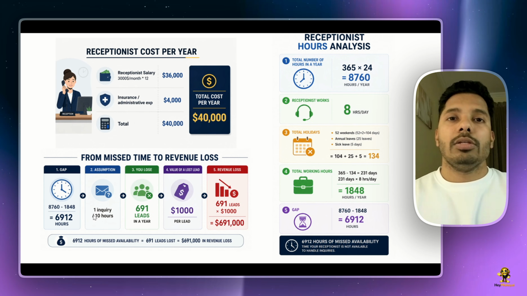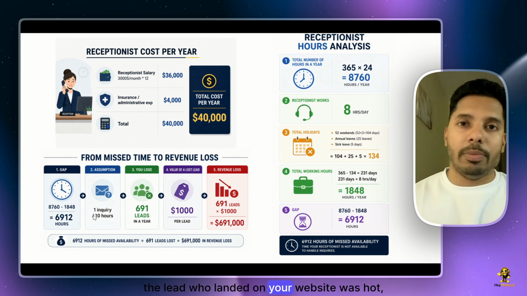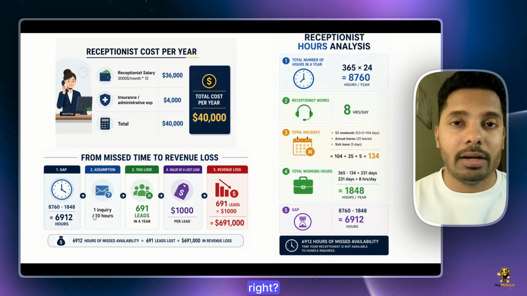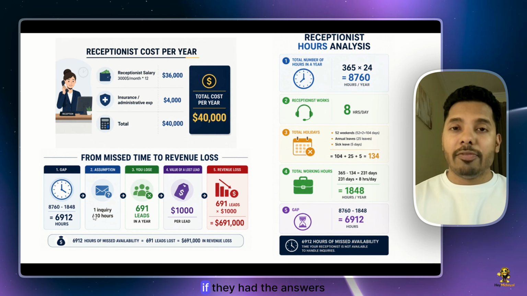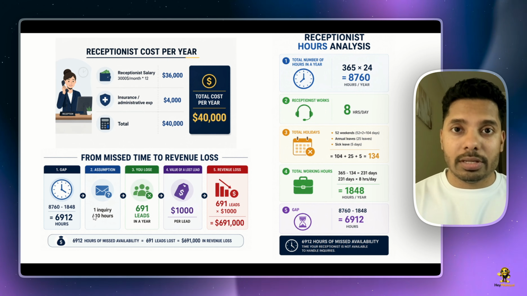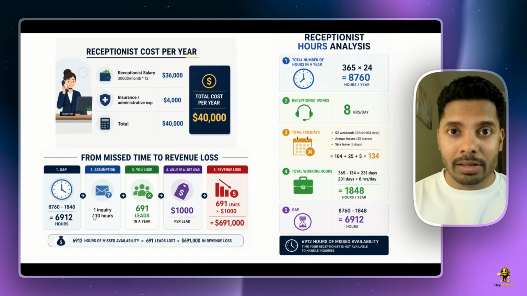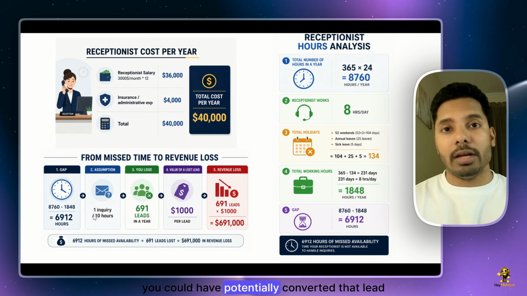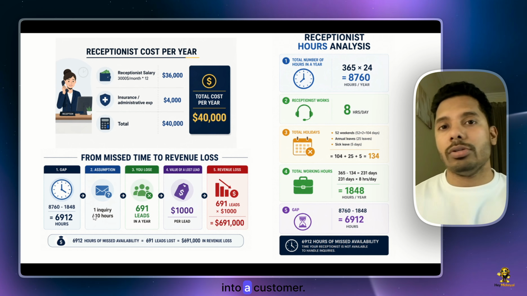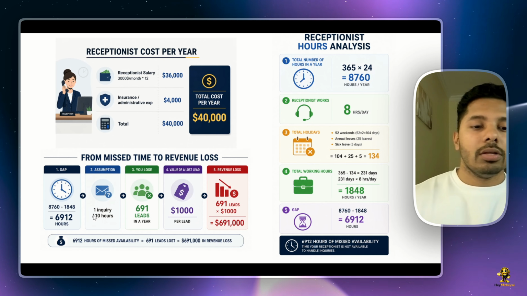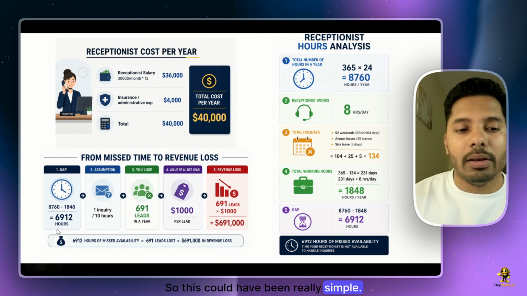The lead who landed on your website was hot, right? And if they had the answers at the same time, you could have potentially converted that lead into a customer, right? So this could have been really simple.